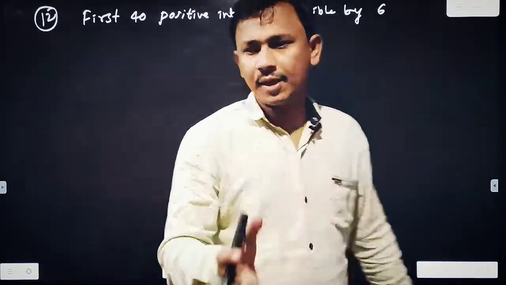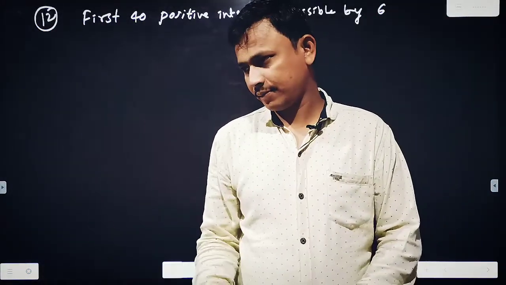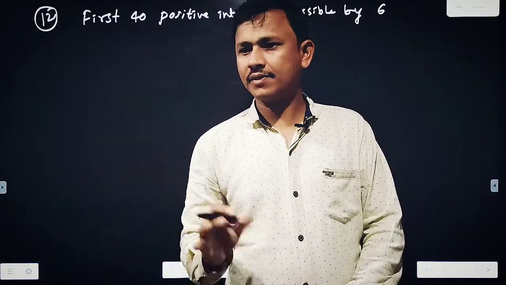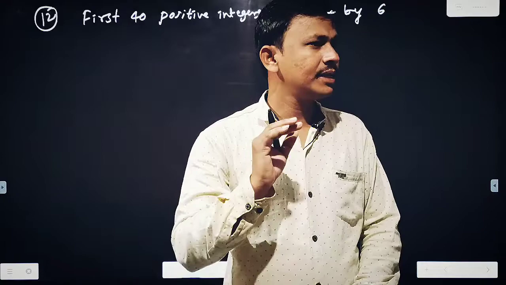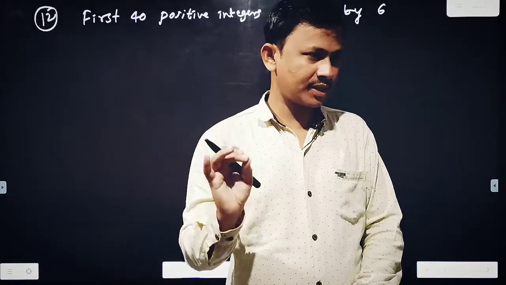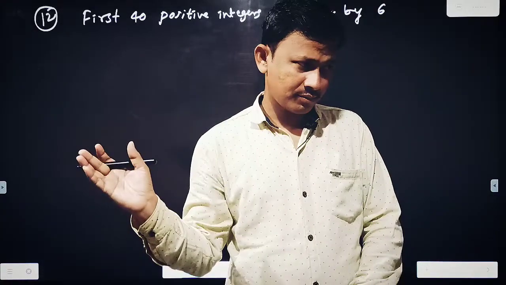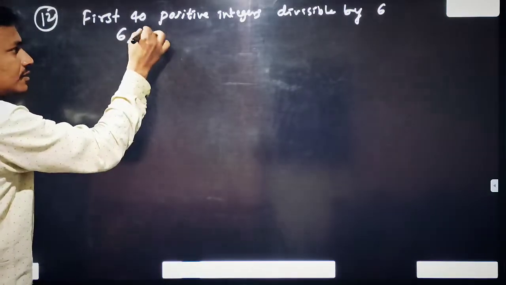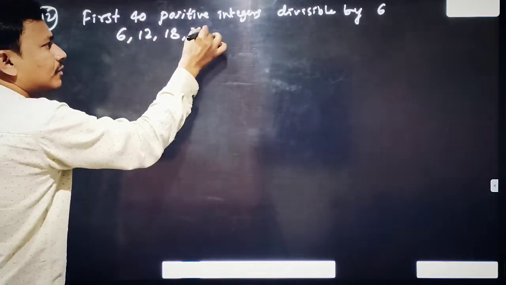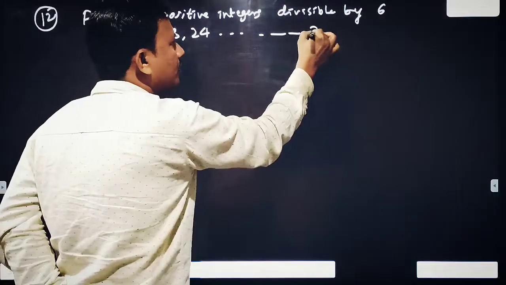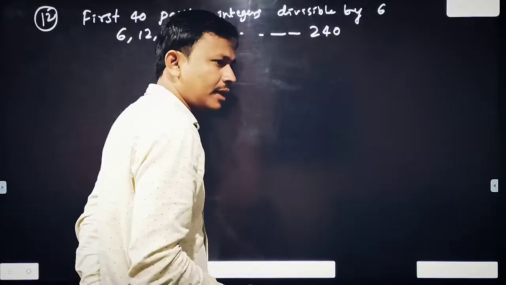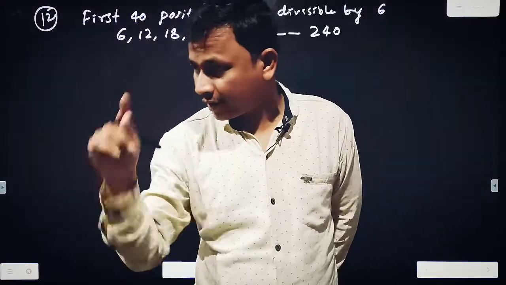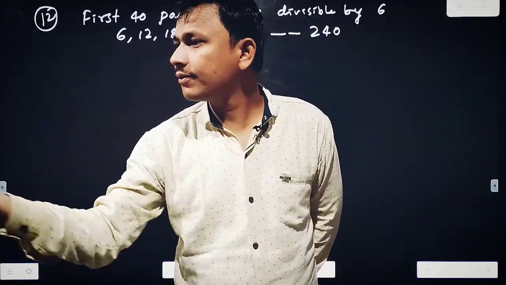That means the 6 table up to 40. First 40 integers which are divisible by 6. 6 ones are 6, 6 twos are 12, 6 threes are 18, up to 6 40s. Understood? What are those? 6, 12, 18, 24 and so on up to 240, because the 40th number is 40 into 6, 240.